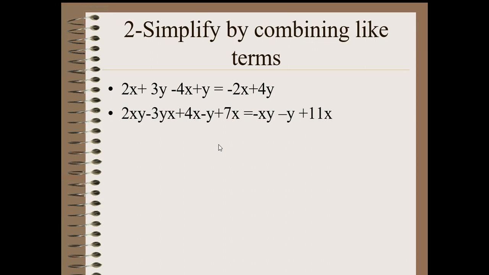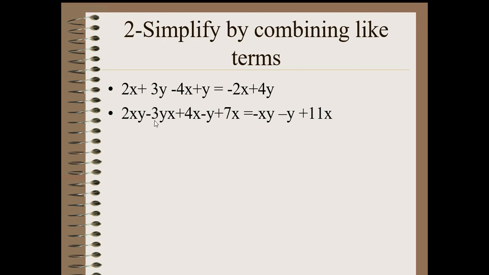The second expression, you need to be careful. 2xy minus 3yx, those are the same. If I write x times y or y times x, it's the same, because we saw in the preceding chapter, 2 times 3, 3 times 2, okay? It's the same.